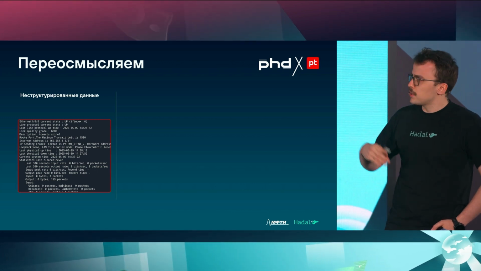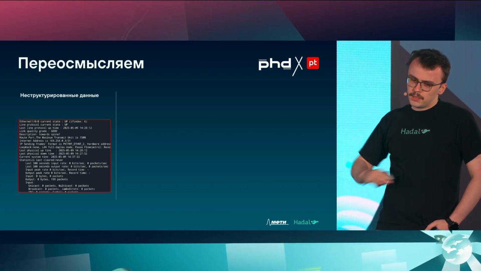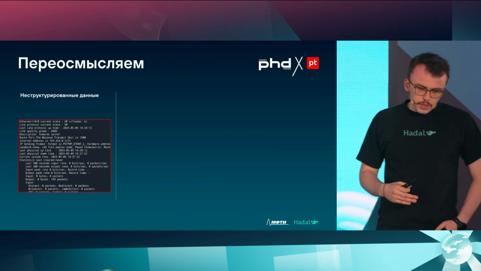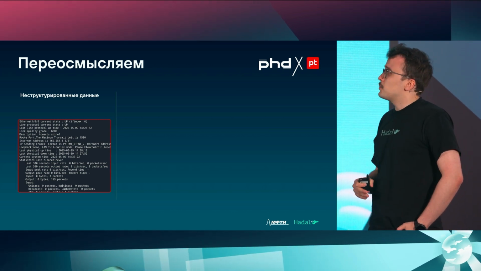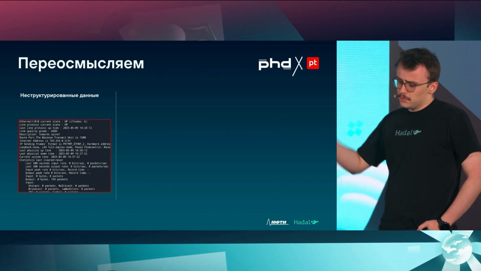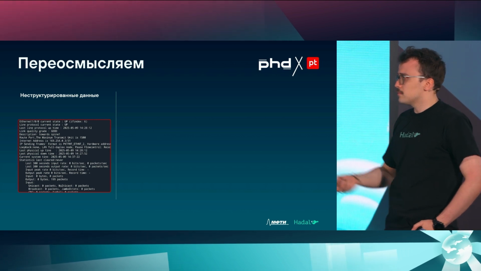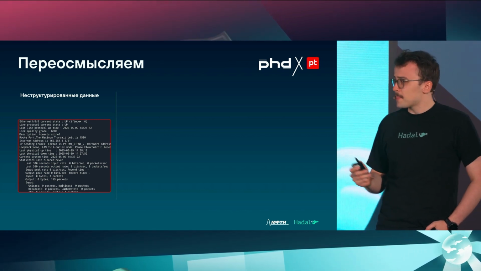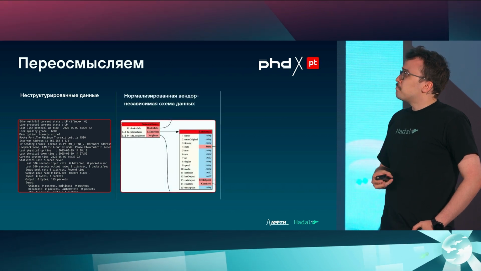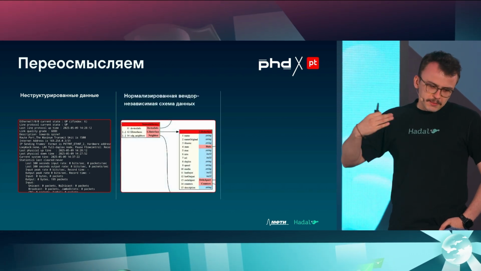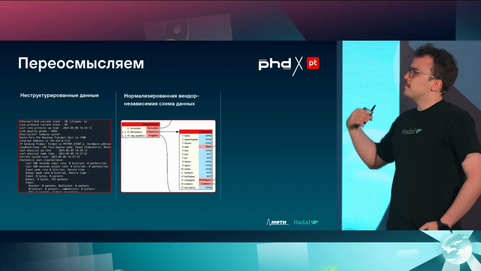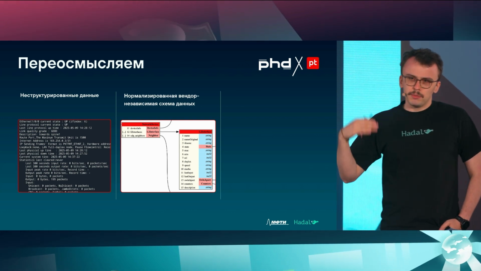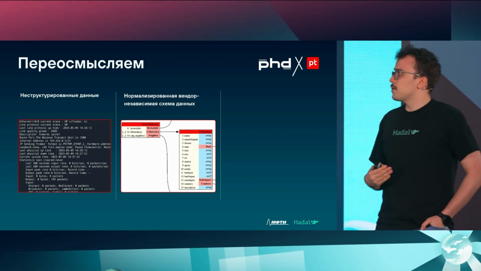So we started rethinking our task, and I'll tell you first our stream of thought of the desired outcome. So we have some non-structured or unstructured data, an array of commands. On the second phase, we want to normalize, to get normalized data.